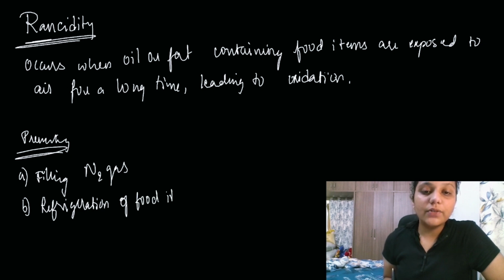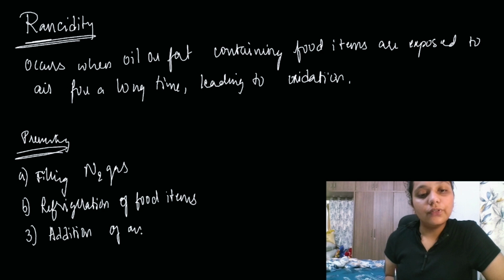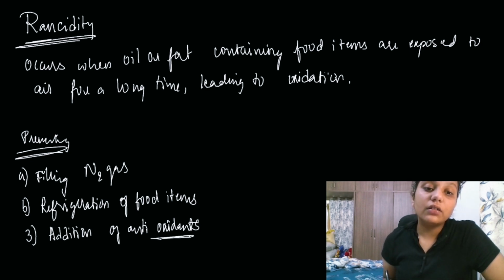Refrigeration of food items, because a refrigerator keeps the food cold and prevents it from undergoing oxidation. The third one is the addition of antioxidants. Meaning the things which prevent food items from undergoing oxidation are called antioxidants.